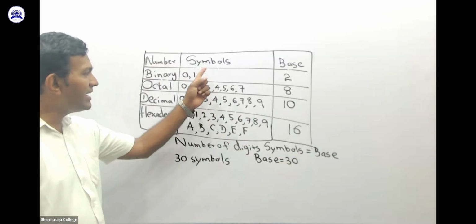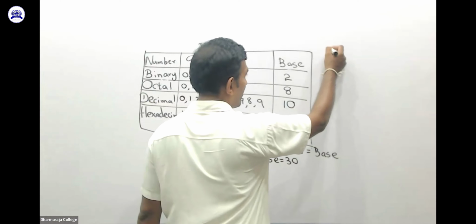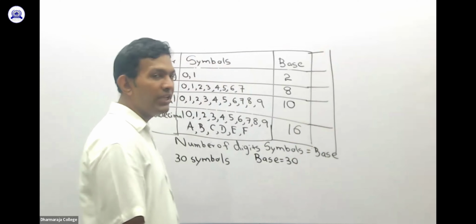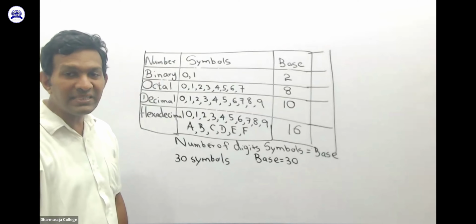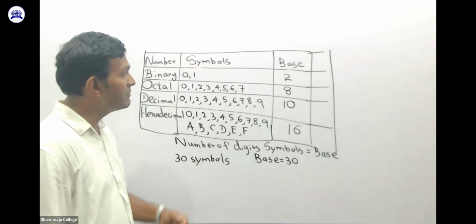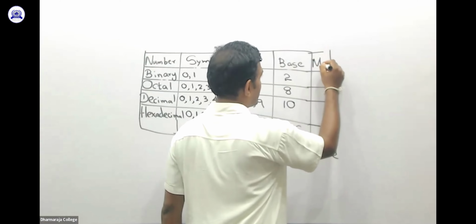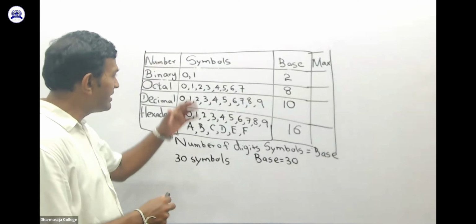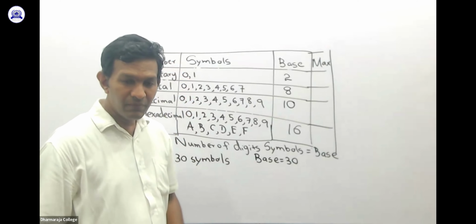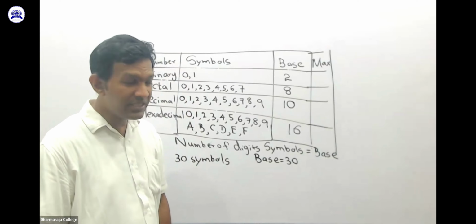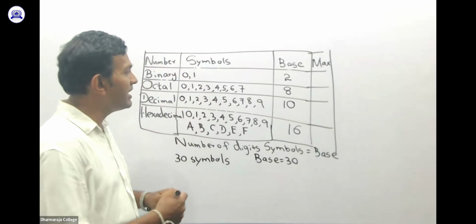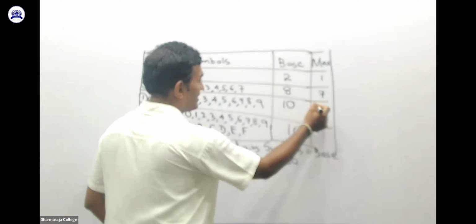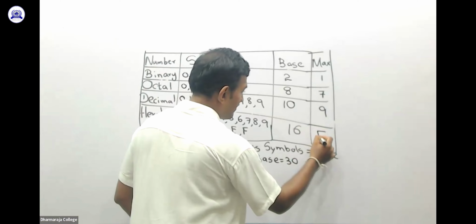You can see another thing here. If I add another column, called maximum, for the maximum digit of each number system, you can see here it is 1, here is 7, here is 9, here is 10.